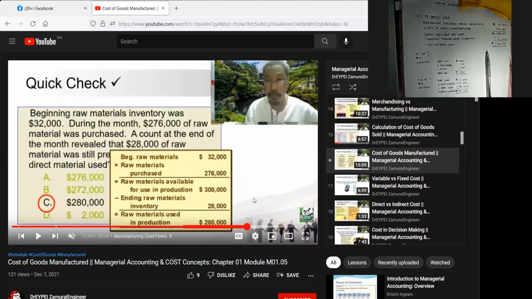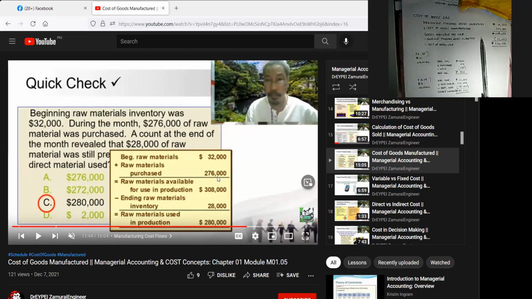But this answer is better than my answer because my answer is too compact. There are only 1, 2, 3, 4 lines. The answer of the book is 1, 2, 3, 4, 5. 5 lines. There are 5 lines in the solution of the book. My solution is 4 lines. So the book solution is better.